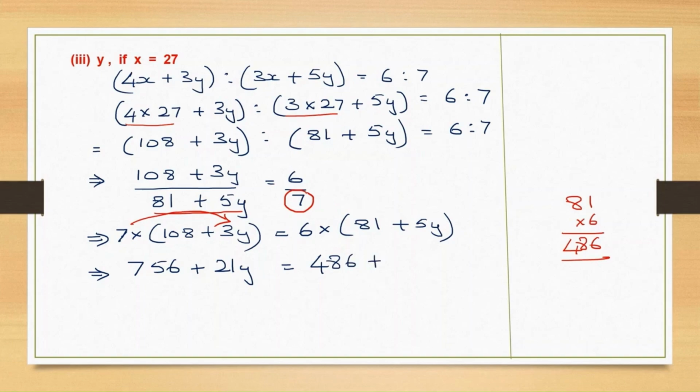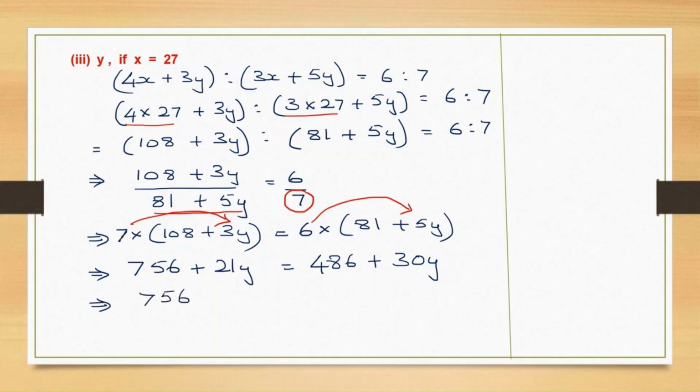Plus, now I finish multiplying with 81. Now I need to multiply with 5y. So 6 5s are 30y. So now I have y on both sides. I have 21y here and I have 30y here. So I'm going to put the y's together and I'm going to put the numbers 756 and 486 together. So let's do that. So now I'm going to take 756, write it as it is.